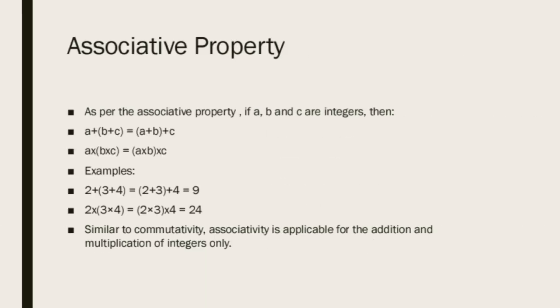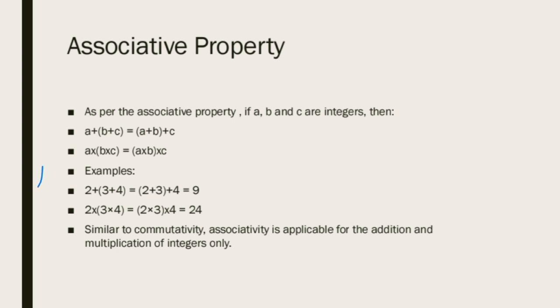Associative property. As per the associative property, if a, b and c are integers, then a plus bracket b plus c is equal to bracket a plus b close bracket plus c. A into bracket b into c is equal to open bracket a into b close bracket into c.